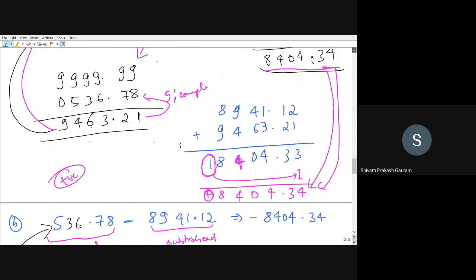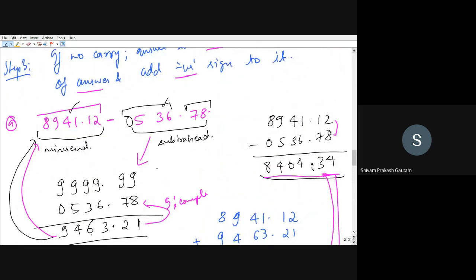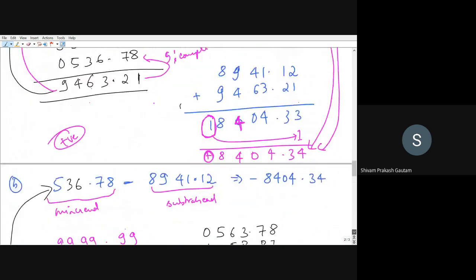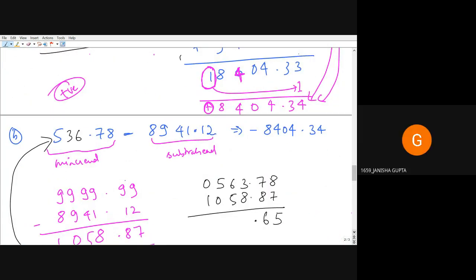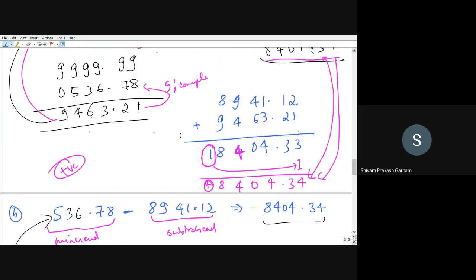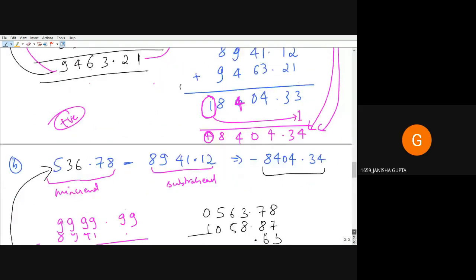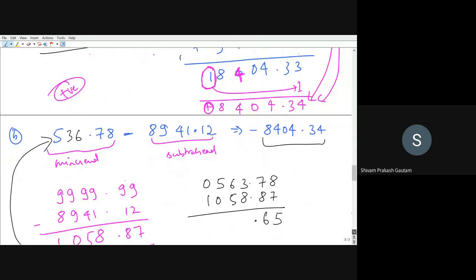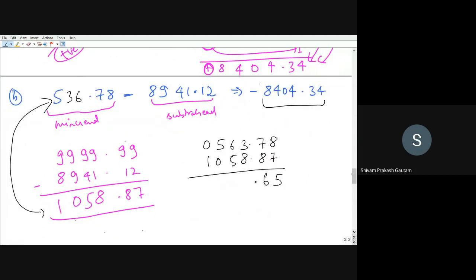It is the previous number only. It is 536. By mistake, I have written 563. So the subtraction is wrong. Yes, sir. The number is right. Now it is right. Sorry. Right. Okay.